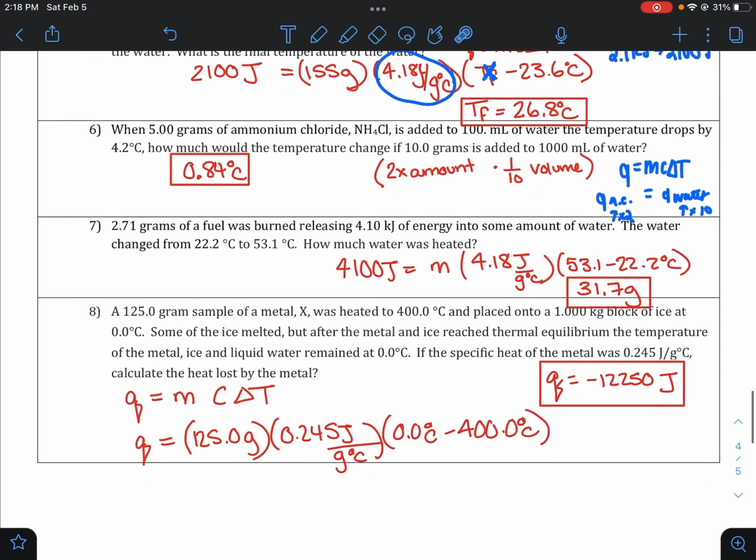Number 7, 2.71 grams of fuel was burned, releasing this amount of energy. Again, kilojoules. Hopefully that rings something in your head: I've got to convert out of kilojoules because my specific heat capacities are always going to be in joules. If the water changed from this to that, how much water was heated?